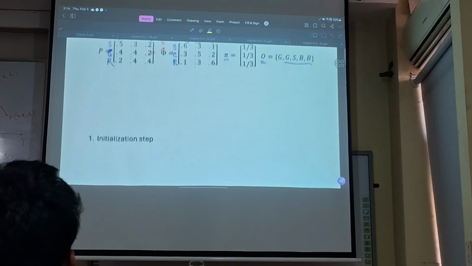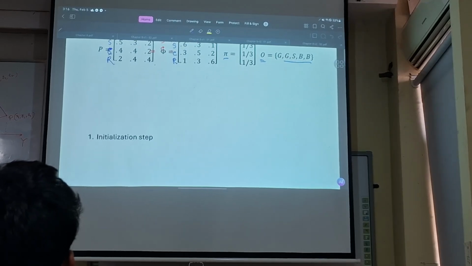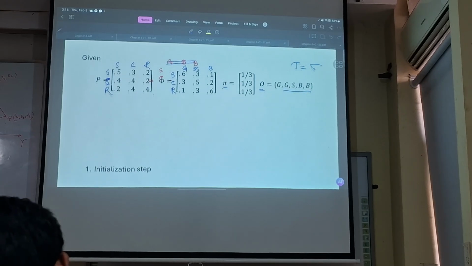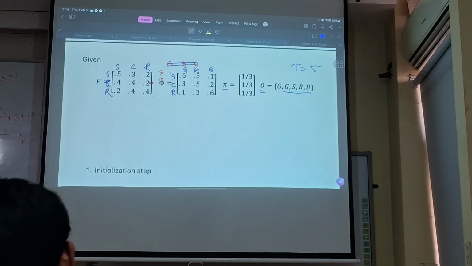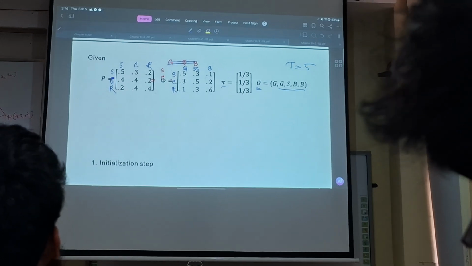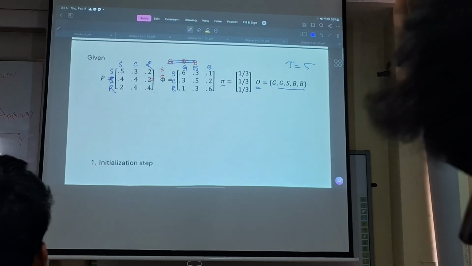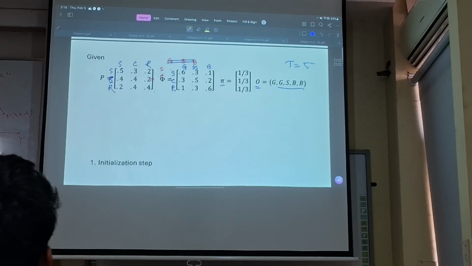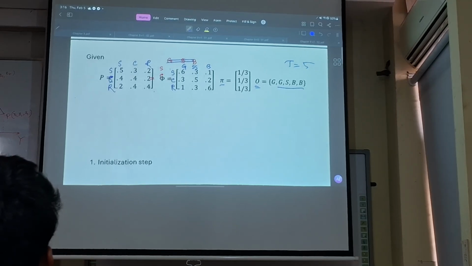So, okay, let me write it. This alpha 2. Let me write it here. Sorry. Actually, this Firefox actually is asking for buying the system.